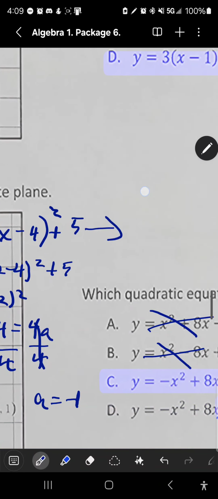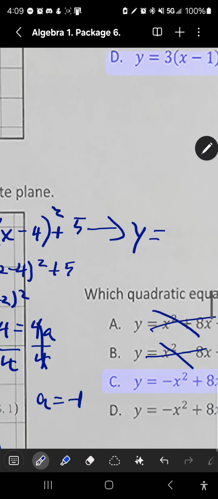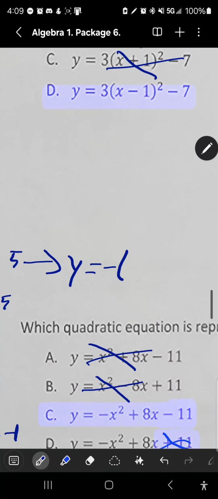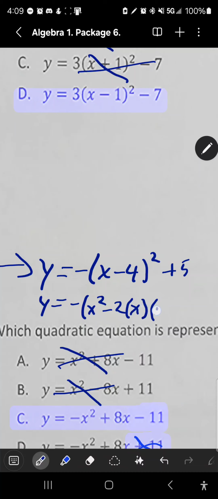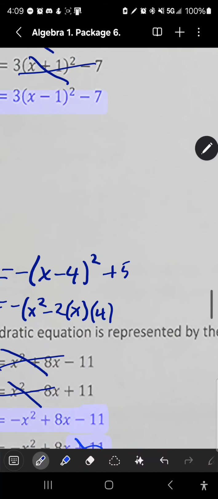So I'm getting this equation: y equal negative (x minus 4) squared plus 5. So y equal negative (x squared minus 2 times x times 4, twice ab, plus 4 squared) and all that plus 5.